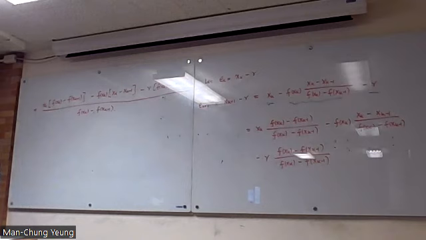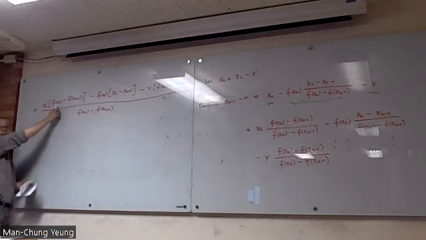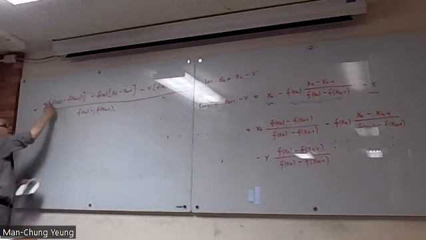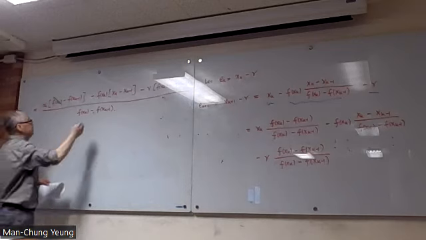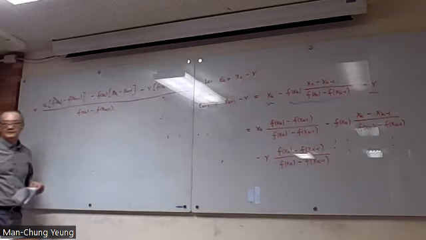I can see some cancellation. Let me see which one I can cancel. xk times f of xk, this and this can be cancelled.